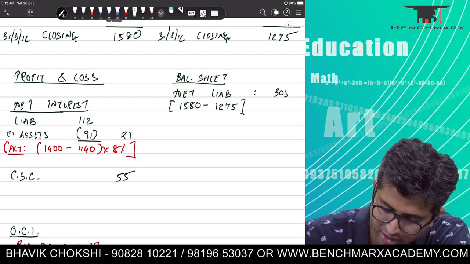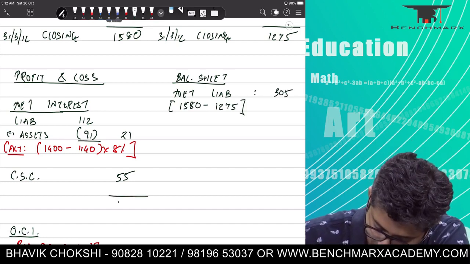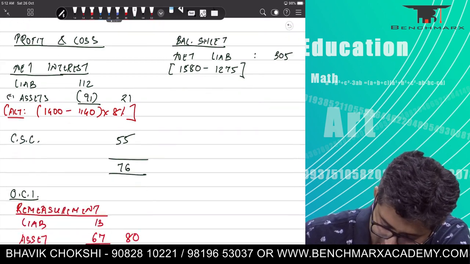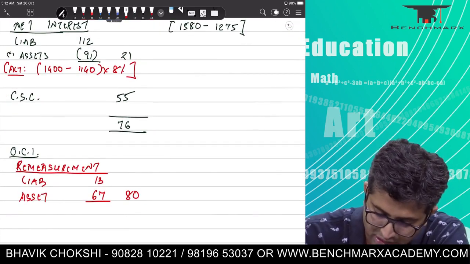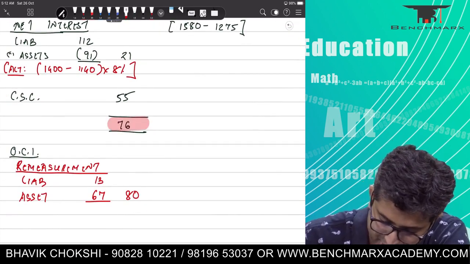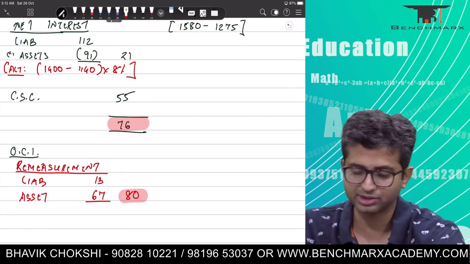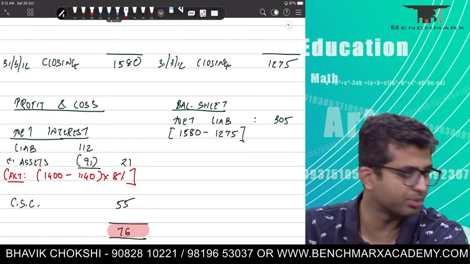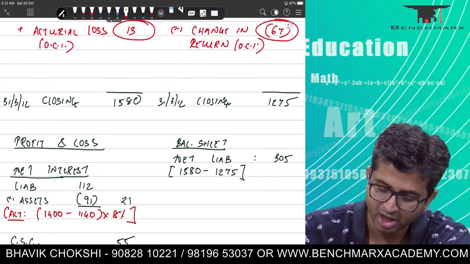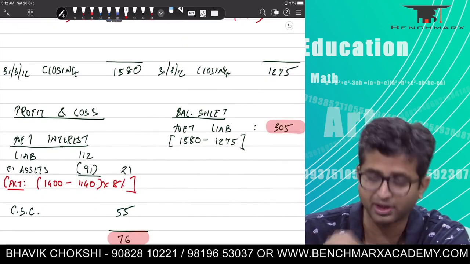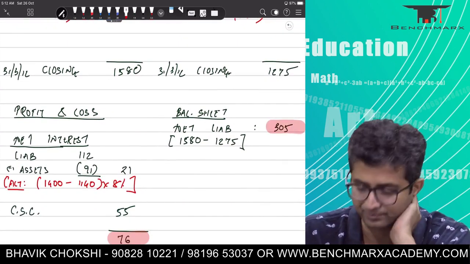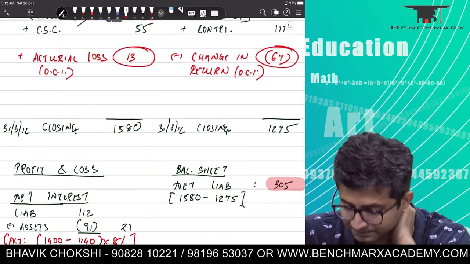So in your balance sheet there will be 305. In your profit and loss account this will be 76, and in your other comprehensive income 80. So these are the three critical numbers: 76 in the profit and loss as an expense, 80 in the other comprehensive income as a remeasurement item, and around net 305 in the balance sheet as a net liability.